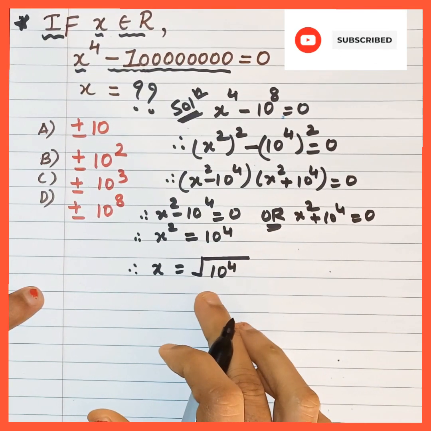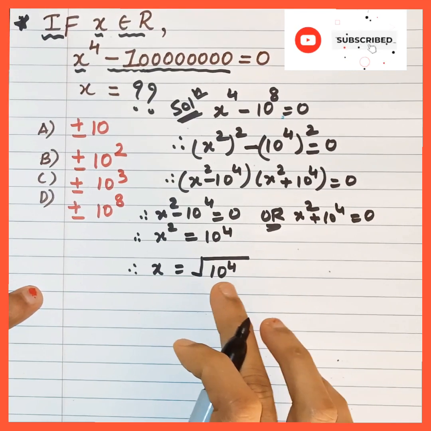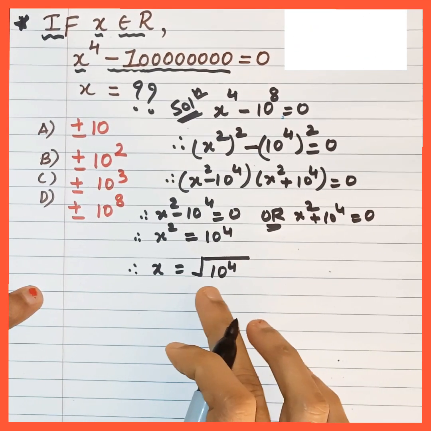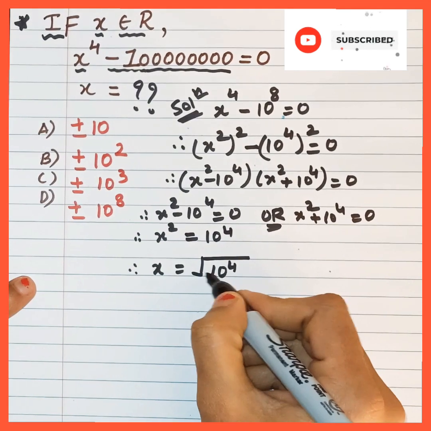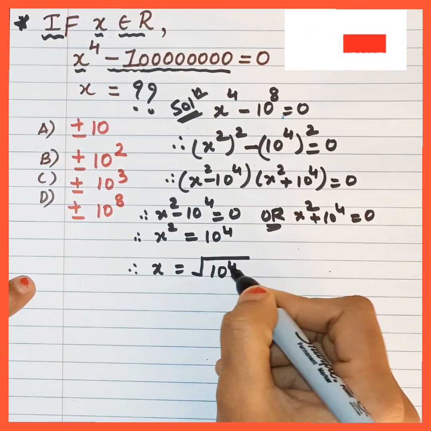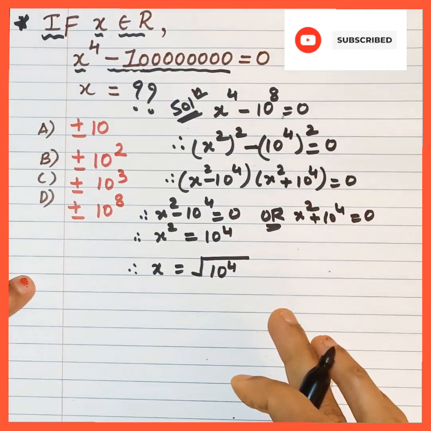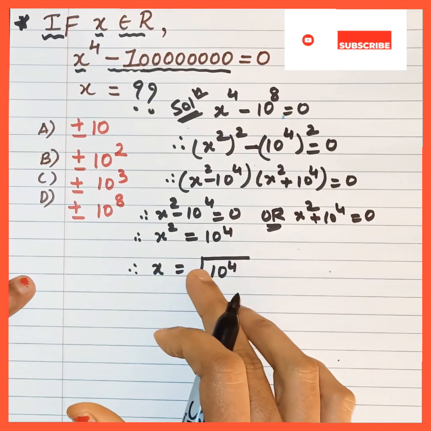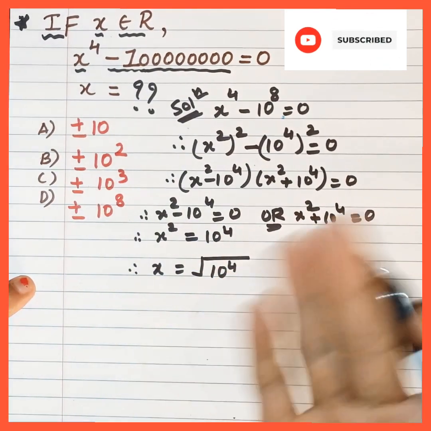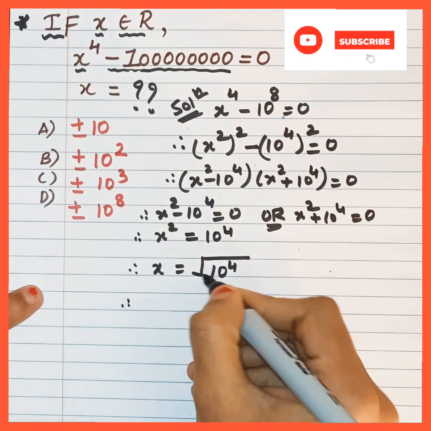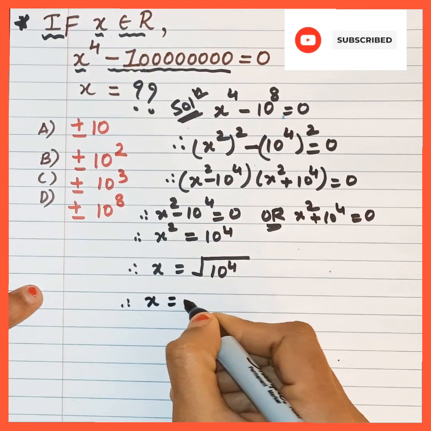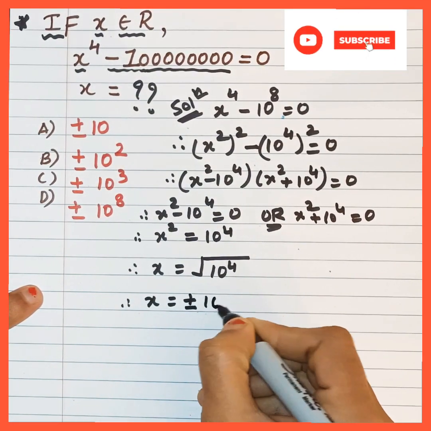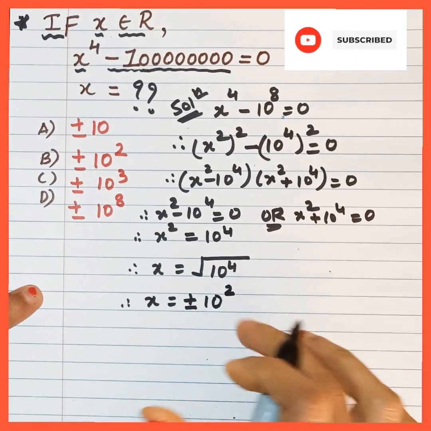But since root is given, this value can be positive or negative. If you square minus 10 raised to 2, we get a positive answer, and if you square positive 10 raised to 2, the answer is also positive. That's why we are getting plus or minus 10 raised to 2.